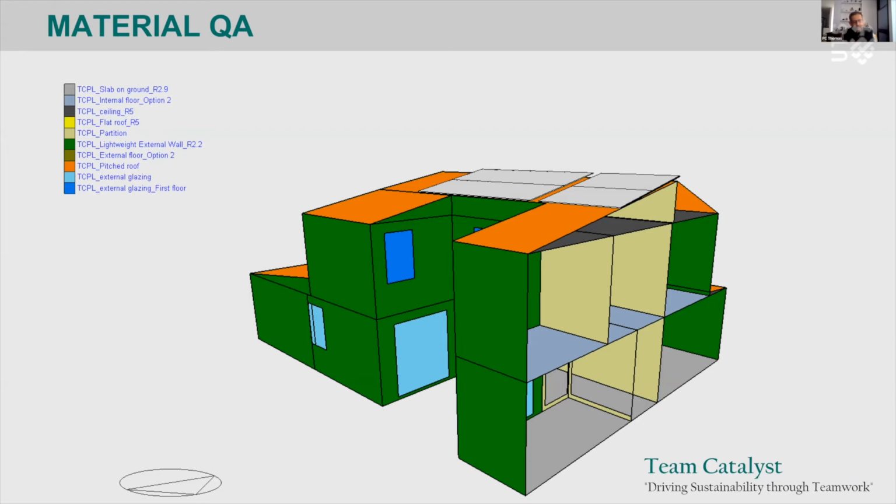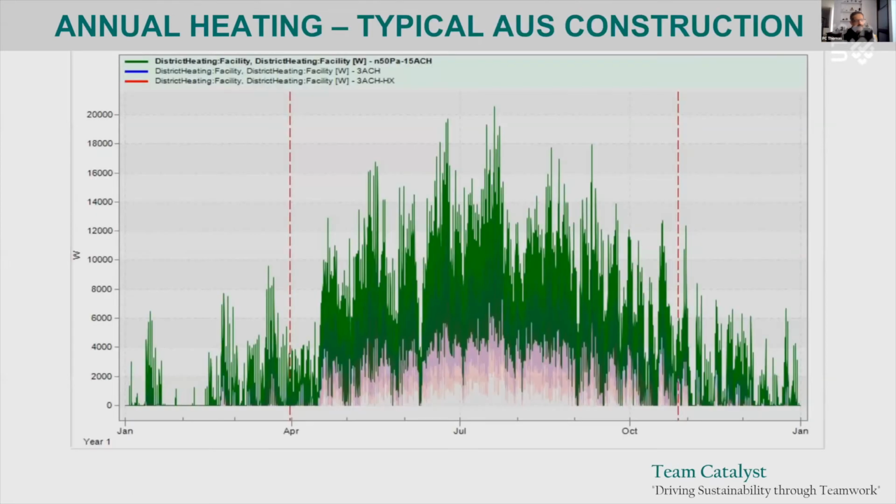Initially we started off by saying, okay, let's model what happens when we predict heating energy use across the year. So here's the annual energy simulation run for a building like that.